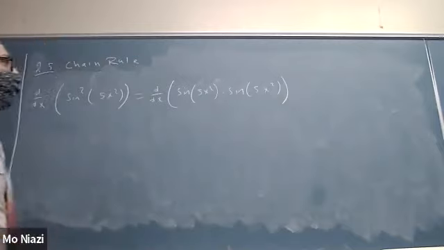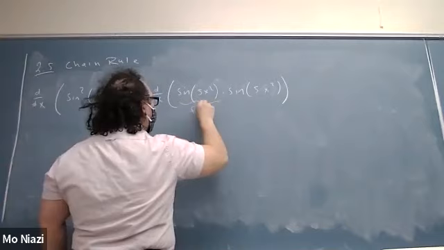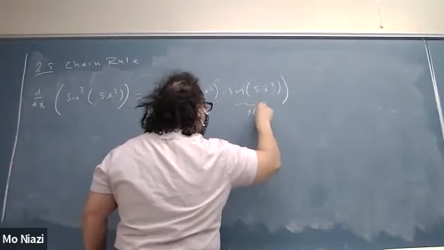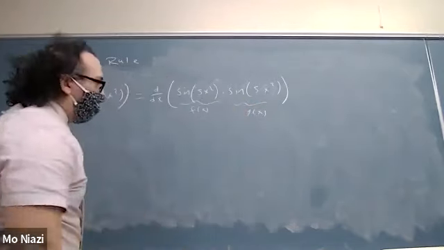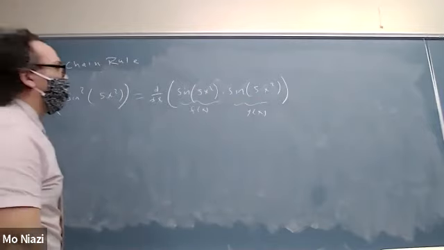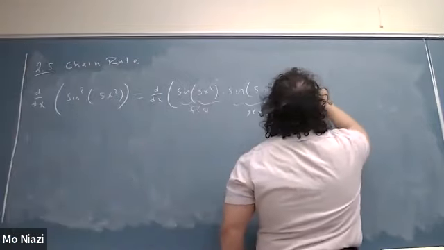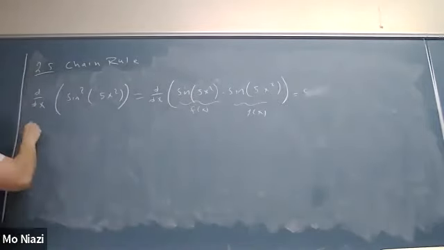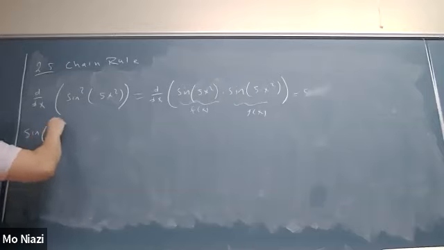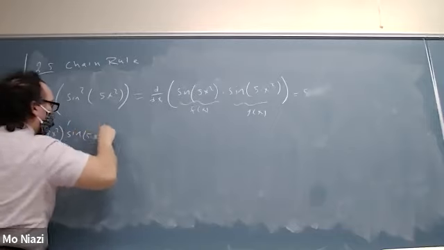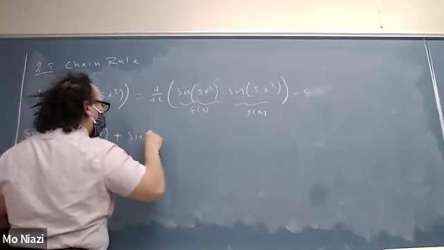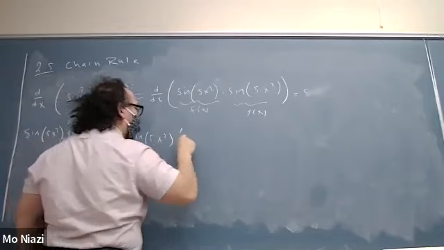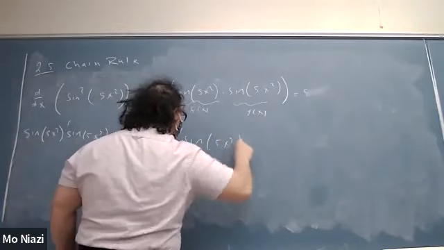So now we're going to do a product rule, and then it's going to invoke a chain rule, because this is a function, this is a function. We do the product rule first, and then it's going to invoke the chain rule. So the product rule says that we got sine of 5x squared prime times sine of 5x squared, plus sine of 5x squared prime times sine of 5x squared.